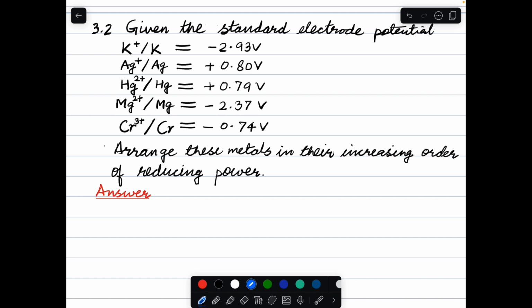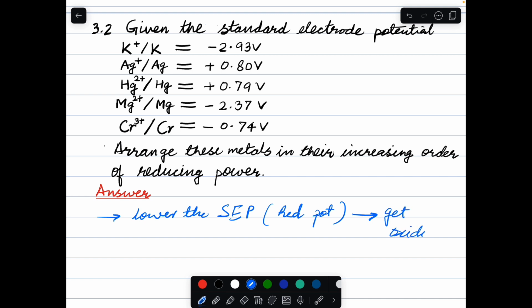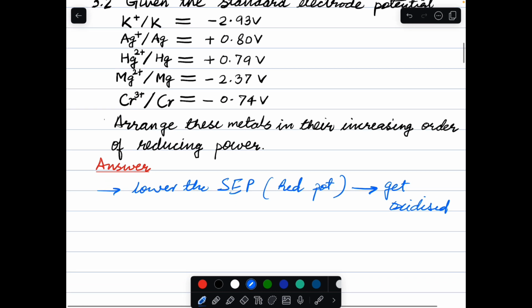We have to always remember that the lower the value of standard electrode potential, that is the reduction potential, the higher will be the tendency of that substance to get oxidized, and therefore greater will be the reducing power.